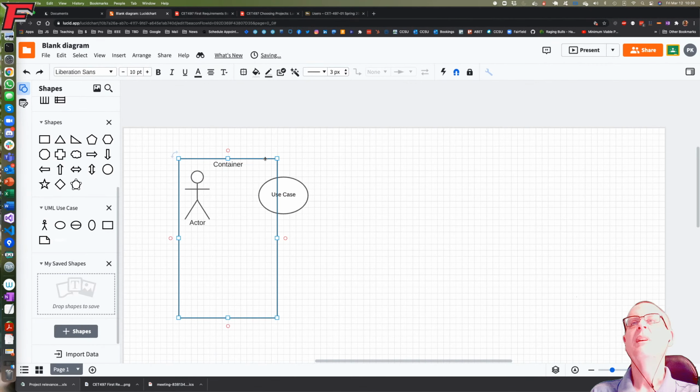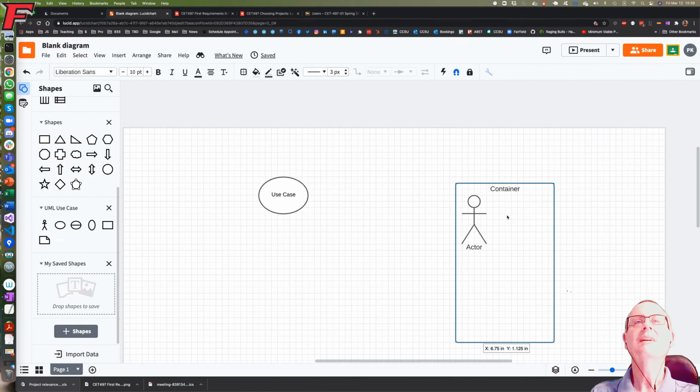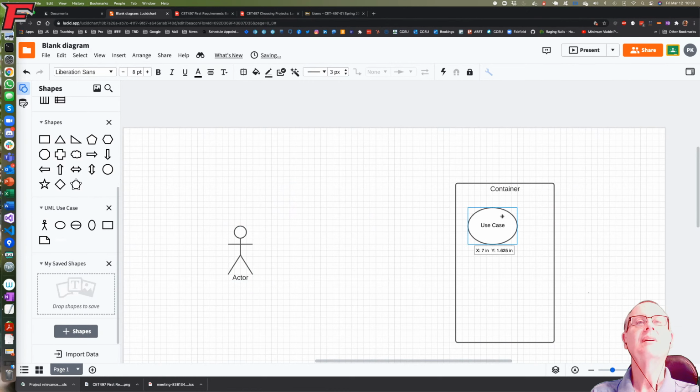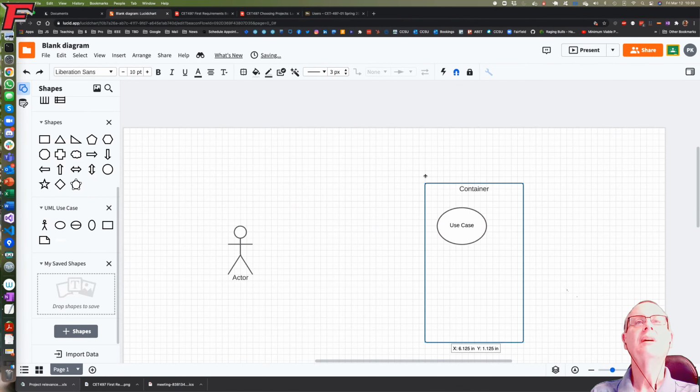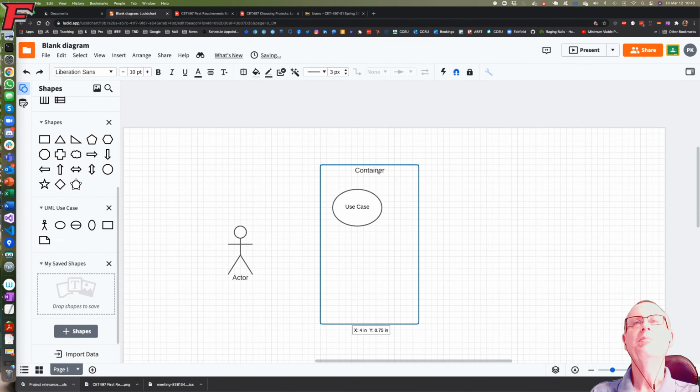And we don't want the actor inside, actually. The actor is usually outside, it's the use case that's inside. Because remember, this is our system boundary. And everything inside the system is part of the thing we need to build, and everything outside the system is stuff we need to interact with that we can't change.